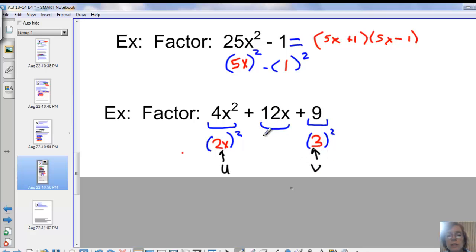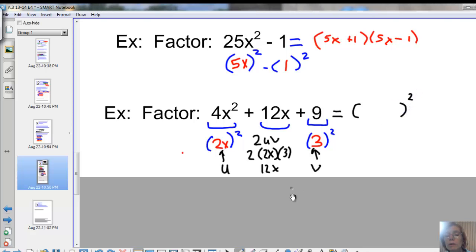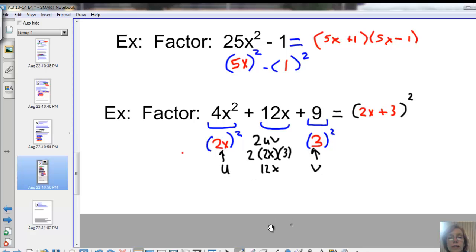And so we're wondering, does this fit the pattern of 2uv? That would be 2 times 2x times 3. Does that fit that pattern? Sure, because that would be 4x times 3 is 12x. That means this does fit the pattern for a perfect square trinomial. And what is that perfect square trinomial? Well, it's just going to be the u plus the v quantity squared. So it's going to be 2x plus 3 quantity squared. So that's how we would factor something like that.